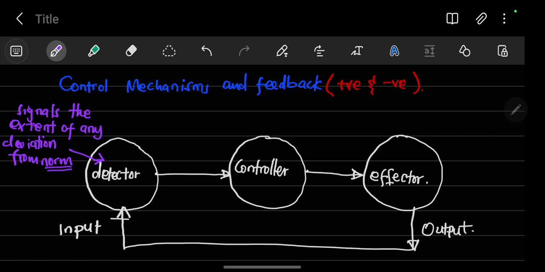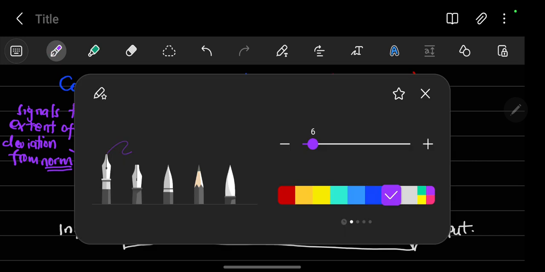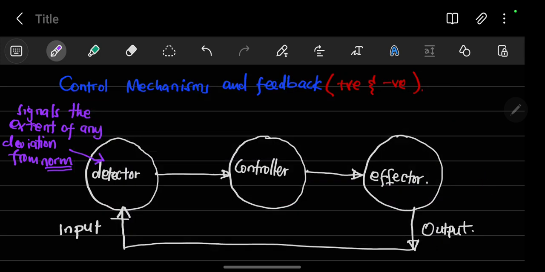So you'll find many books saying norm. Norm is set point. It's like the normal. So a norm is a set point in biology.